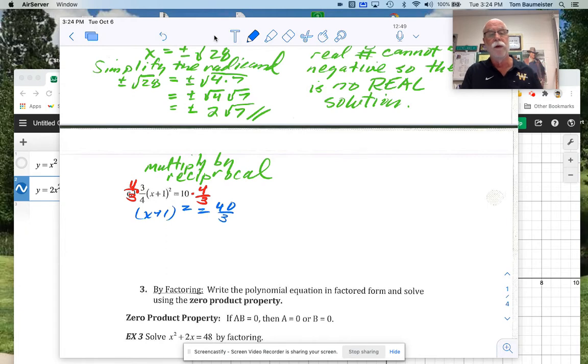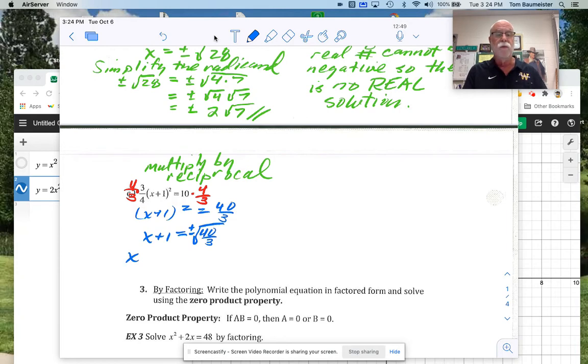Again, how do I get rid of a square? I square root it. So now I'll have x plus 1 is equal to the square root of 40/3. All of that is under the radical sign right now. And don't forget, we're in Algebra 2 now, so we're going to put the plus and the minus. Okay? So now I have x almost by itself.